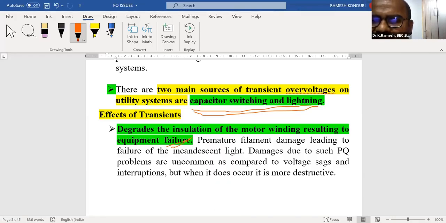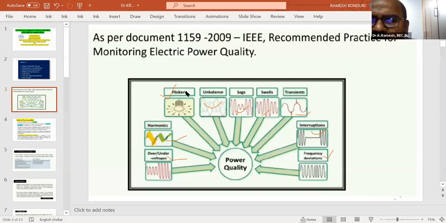So these are all the things we are supposed to have as far as power quality issues are concerned, like what we have mentioned: the flickers, the unbalance in the voltages, sags, swells, transients, interruptions, frequency deviations, of course harmonics, and over and under voltages.